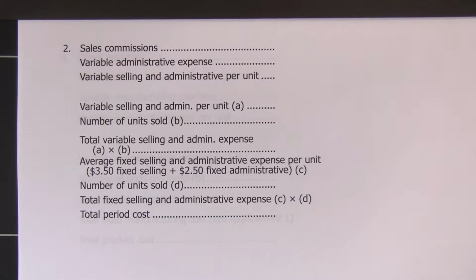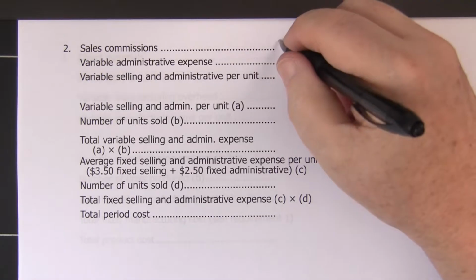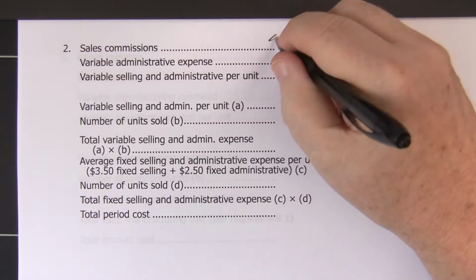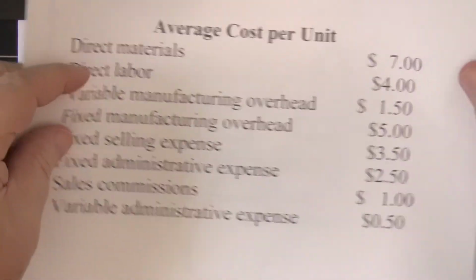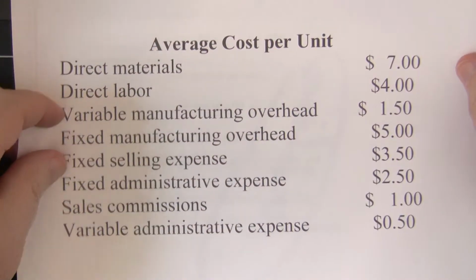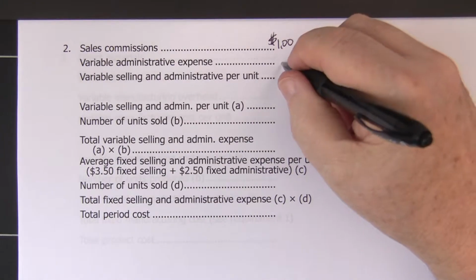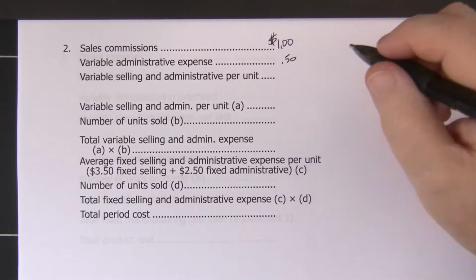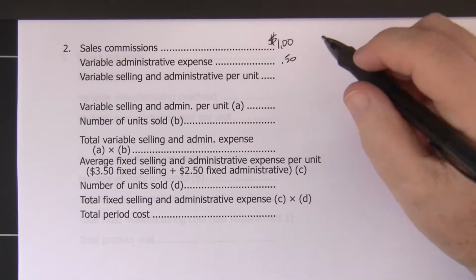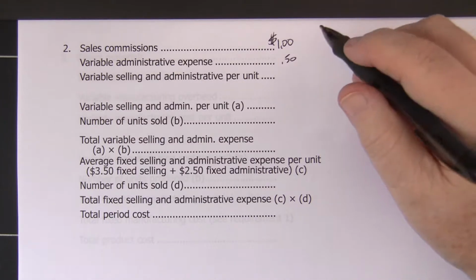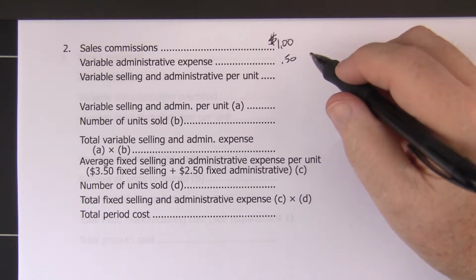The sales commissions are $1 per unit. The variable administrative expense, again, that's the first time we've used it, but it's still on that table, it's 50 cents per unit. So the variable selling and admin, often called SG&A, selling and general administrative expense, is $1.50.